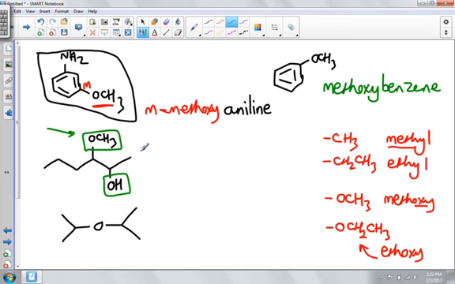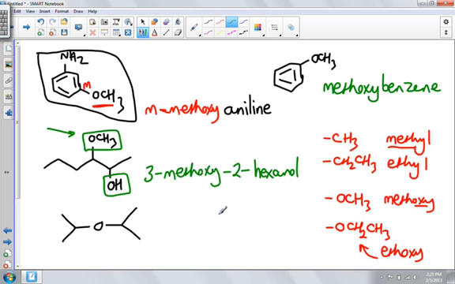Well, it's 2, 4, 6 carbons, so therefore the parent name is hexane. It's an alcohol, so it's hexanol. The alcohol's on carbon 2, so it's 2-hexanol. This is a methoxy group, it's on carbon 3, so therefore 3-methoxy-2-hexanol.